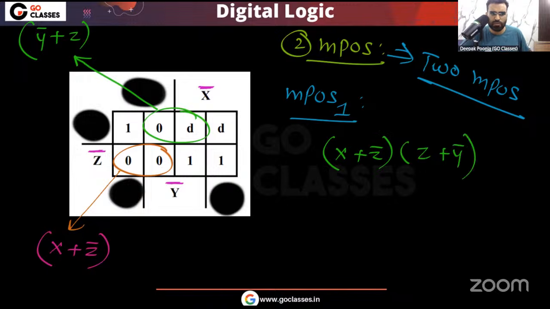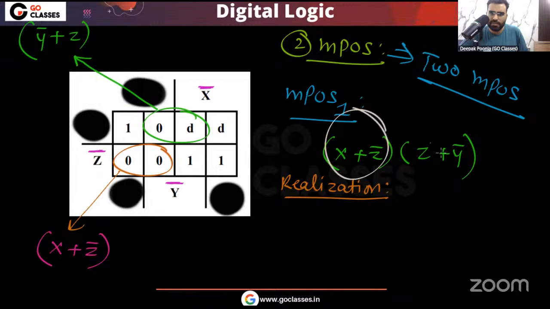Now let's see the cost of realization here. So you can see we need an AND gate for these two. But remember, Z bar is already available to us, Y bar is already available to us. So for X or Z bar, what do I need to do?